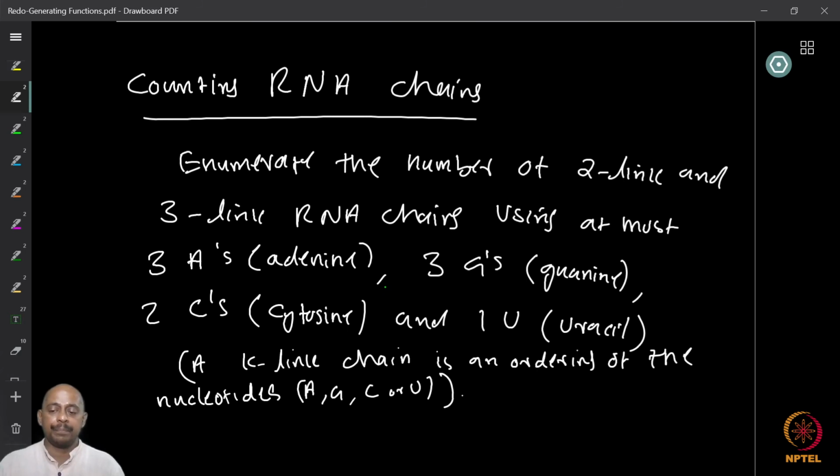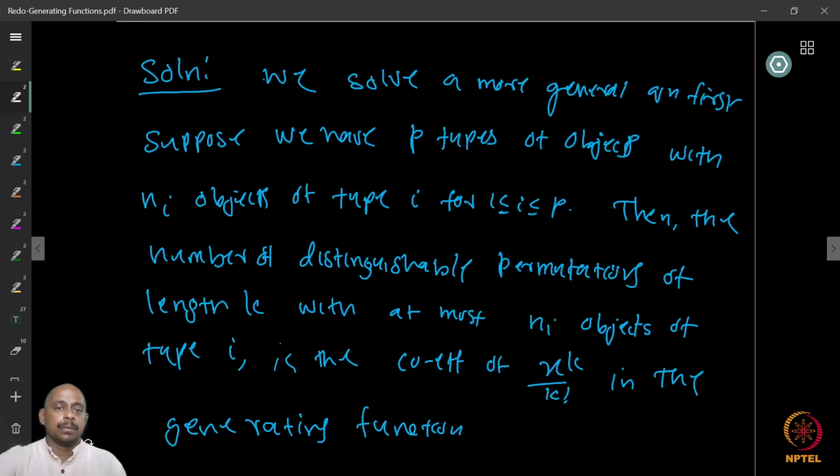So how do you do that? Here is a solution. We are going to prove a little more general question first, and then as a special case, we will solve the RNA counting. Suppose we have p different types of objects, where for each i, of the type i object, there are n_i of them available.